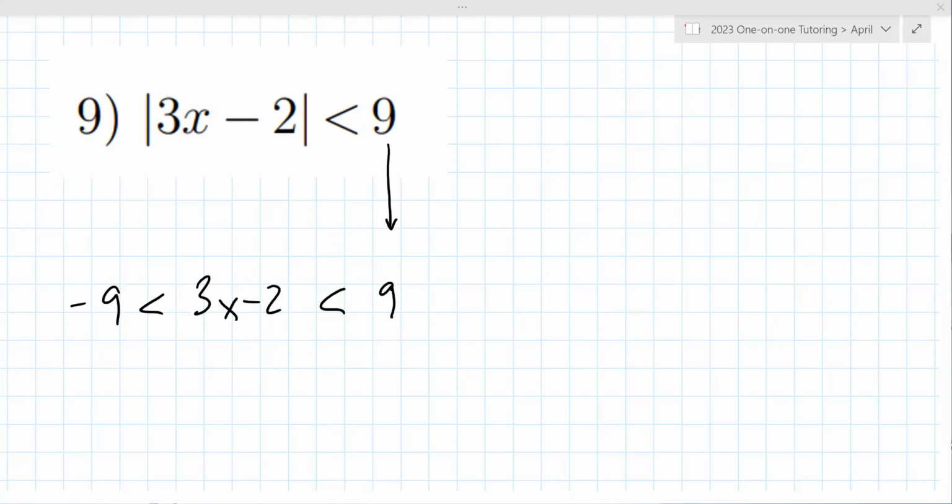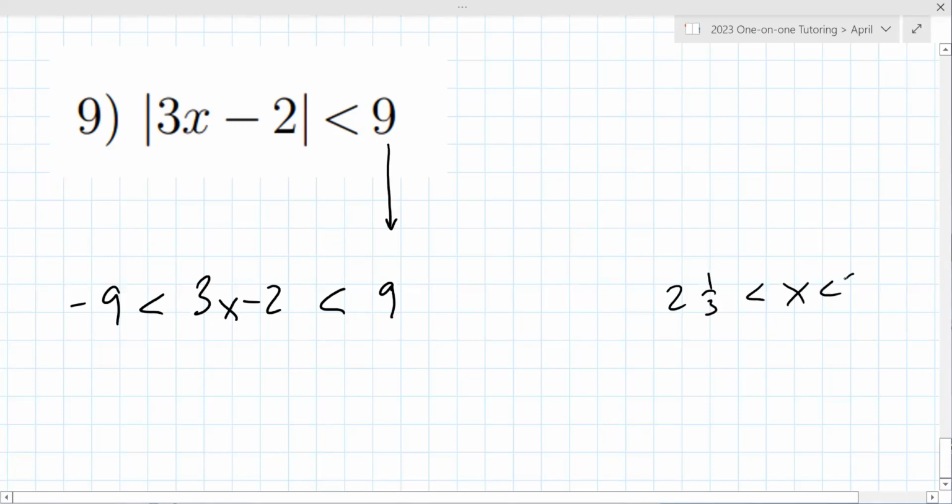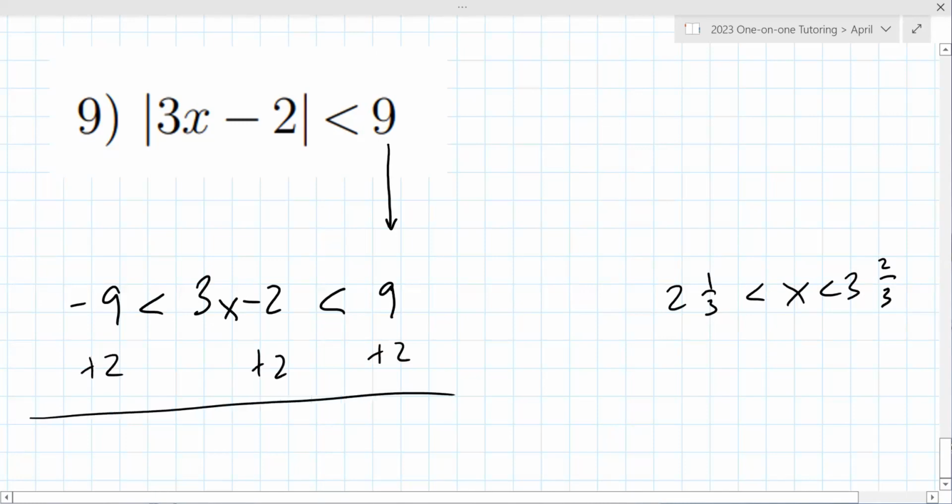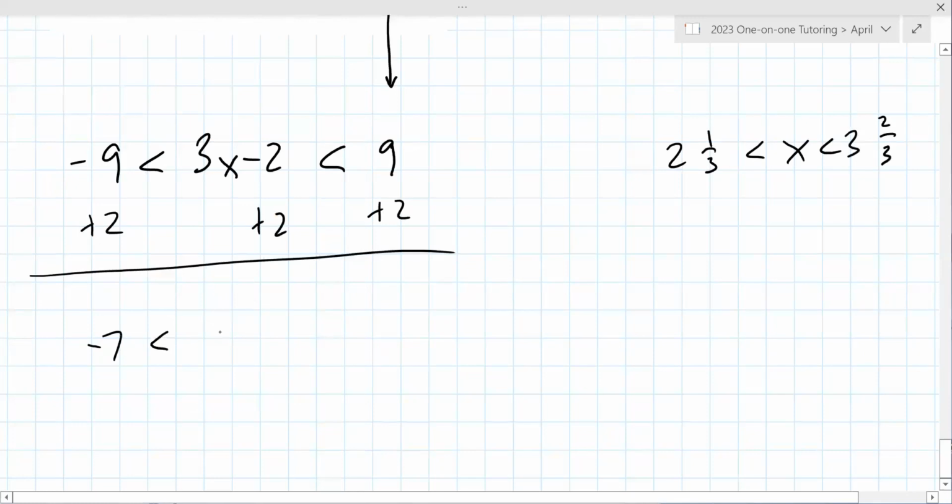Two and 1/3 is less than x less than 3 2/3. So is your teacher asking you to use mixed numbers? That's how we usually write it out. Yeah. I asked because there is a point where you stop writing mixed numbers and you just leave them as improper fractions.